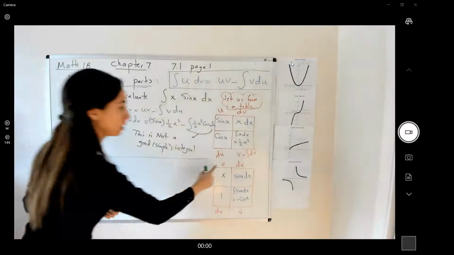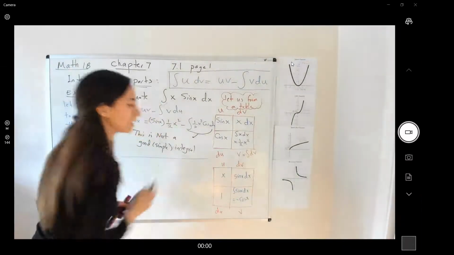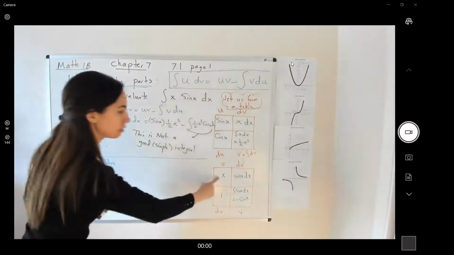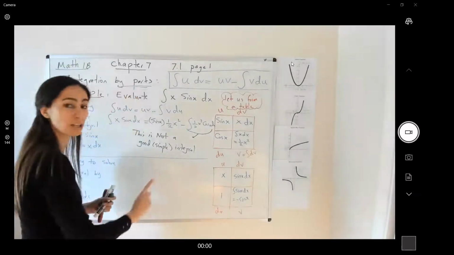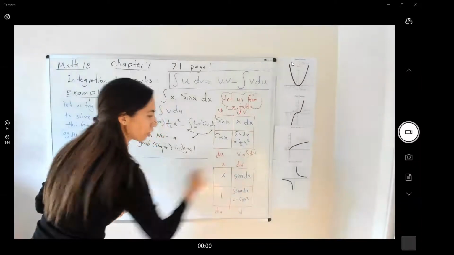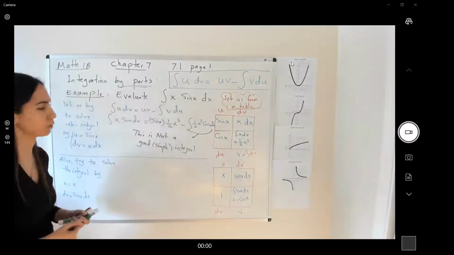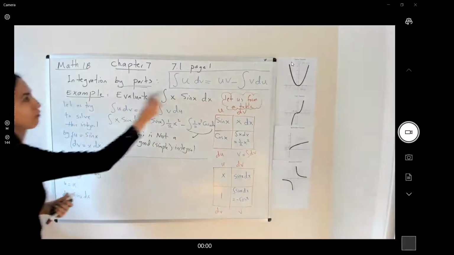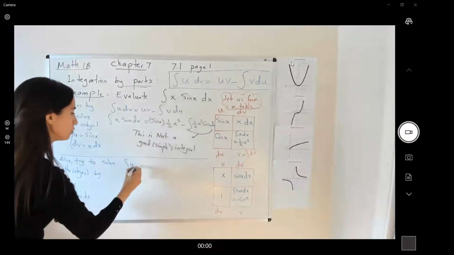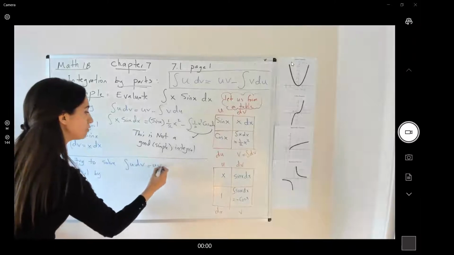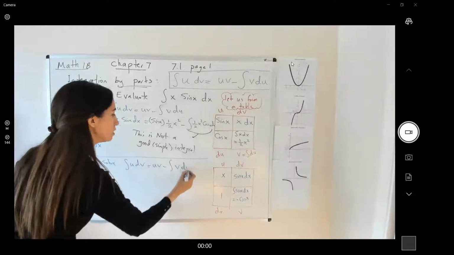So u is x, dv is sine x dx. We know that the derivative of u equals x is 1, and v, the integral of sine x dx, is minus cosine x. So let us try following the integration by parts formula. The integral of u dv is uv minus the integral of v du.